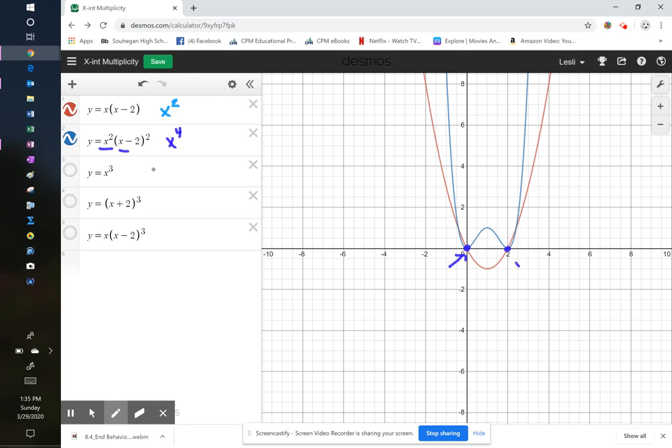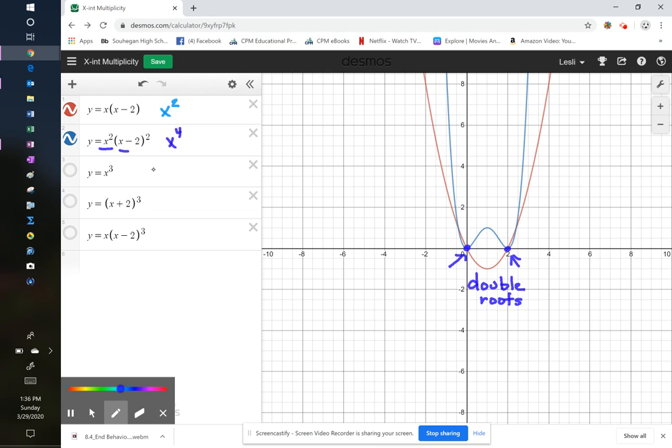These are called double roots. A double root doesn't pass through the x-intercept like a single root does, but what it does is it comes down, it hits the x-intercept, and it bounces back up. It comes down to the x-intercept, and it bounces back up.